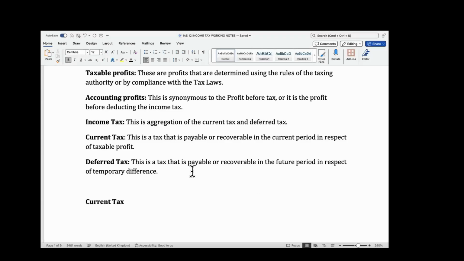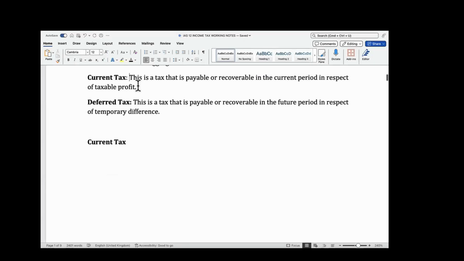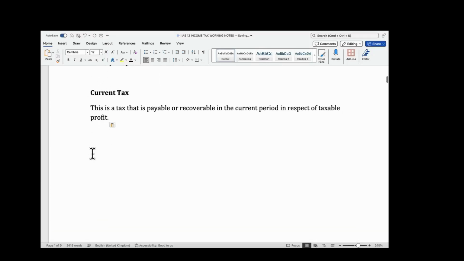Okay, so let us start with current tax. Like we have mentioned before, this tax is a tax that is payable or recoverable in respect of taxable profits. When you have current taxes, it is recognized like a deduction from your profits.